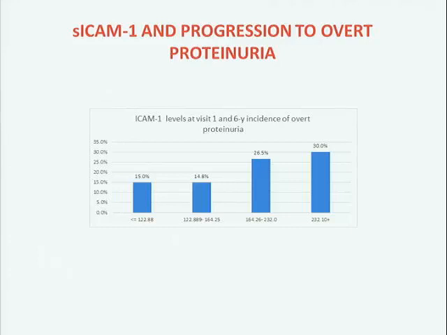And this is showing you the frequency of the progression to overt proteinuria in the patients with the lowest quartile of sICAM, intercellular adhesion molecule, versus the people who were in the upper quartile, 30%.